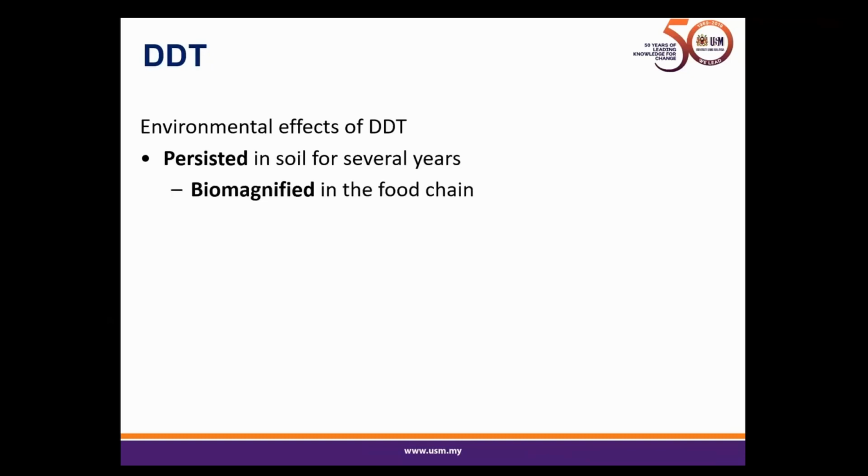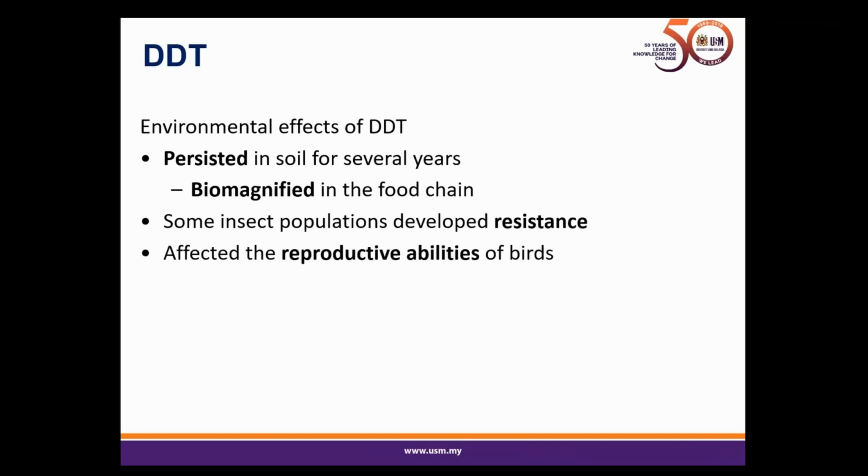It can biomagnify in the food chain. That means that the concentration of DDT can increase in the food chain. Some insects have developed resistance towards DDT. So even if you apply the DDT on the insect, nothing happens to the insect. And it has been found that DDT affects the reproductive abilities of birds. Why is that?